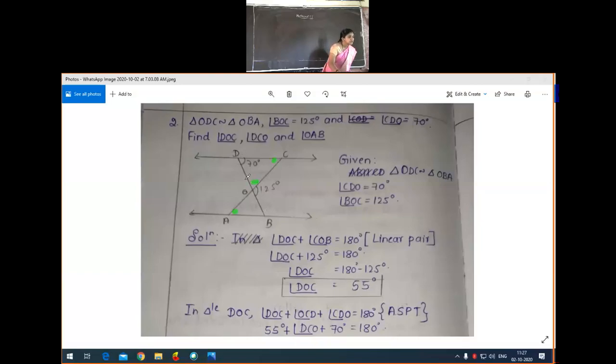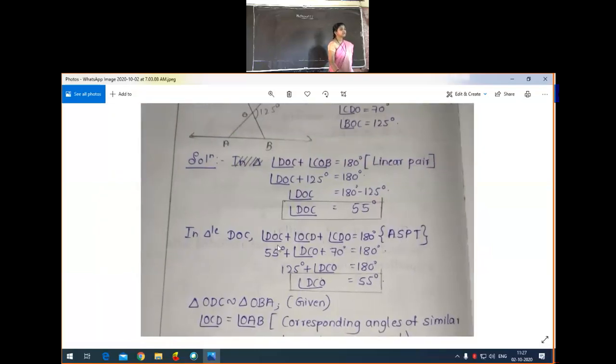Next, you can take triangle DOC. Already you got the second angle also according to the linear pair concept, 70 and 55. Can you apply the angle sum property of a triangle to find the third angle DCO? Yes. In triangle DOC, DOC plus OCD plus CDO is equal to 180 degrees.